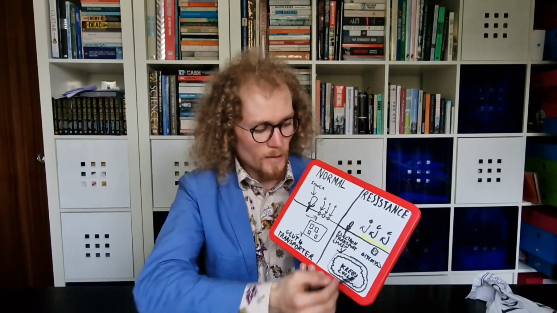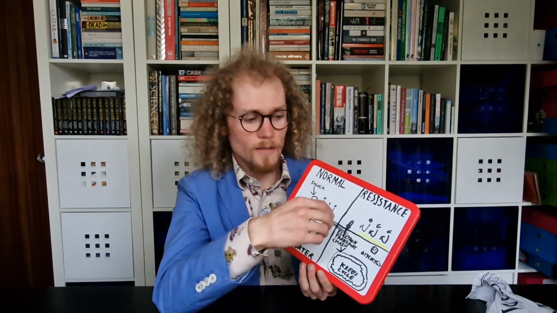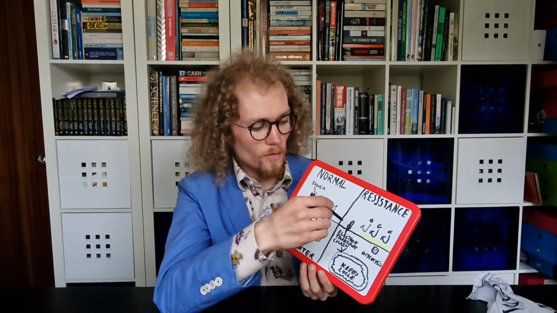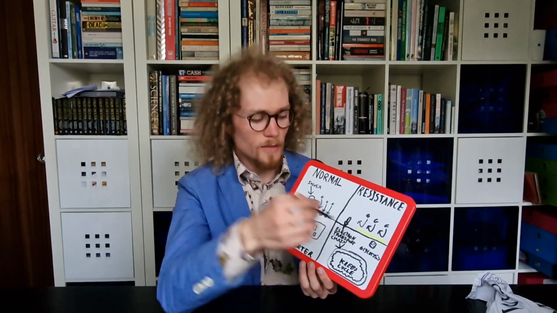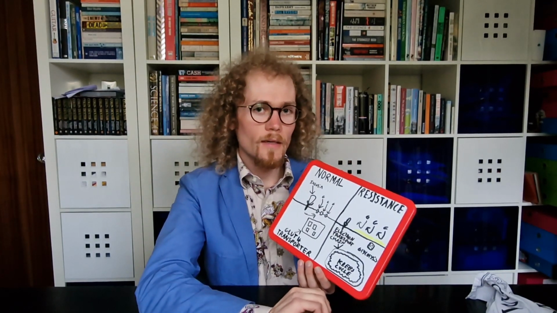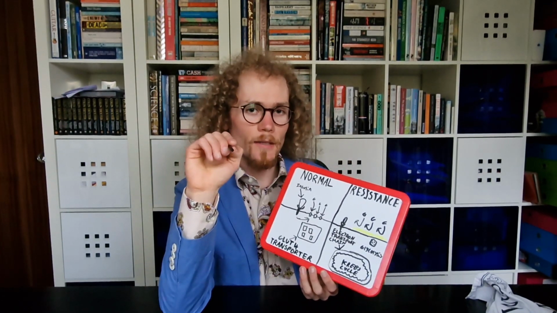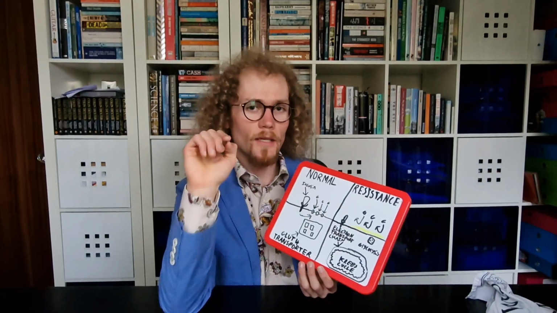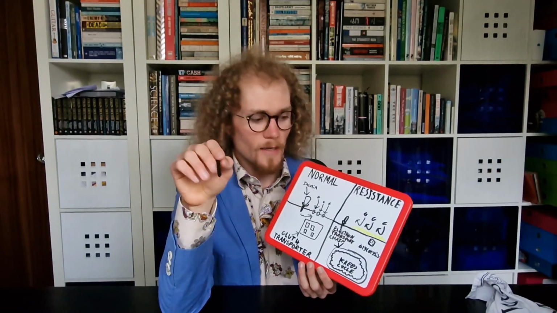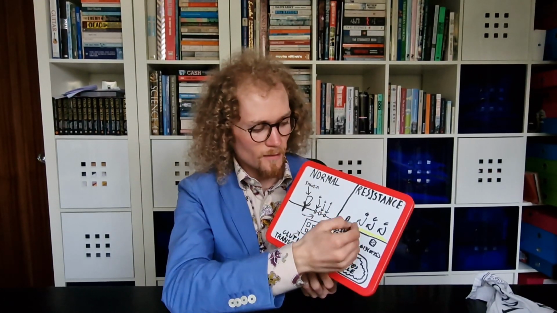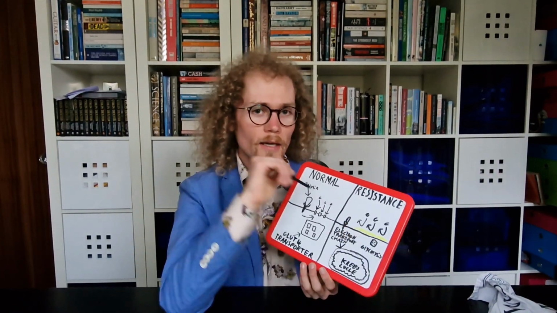This is type 2 diabetes. It is not a sugar disease, okay? Diabetes is not a sugar disease. It's a fat and insulin disease, as highlighted by this green highlighter.